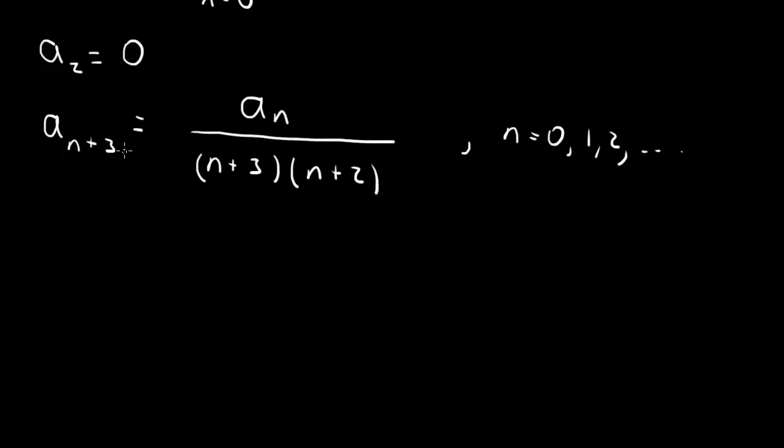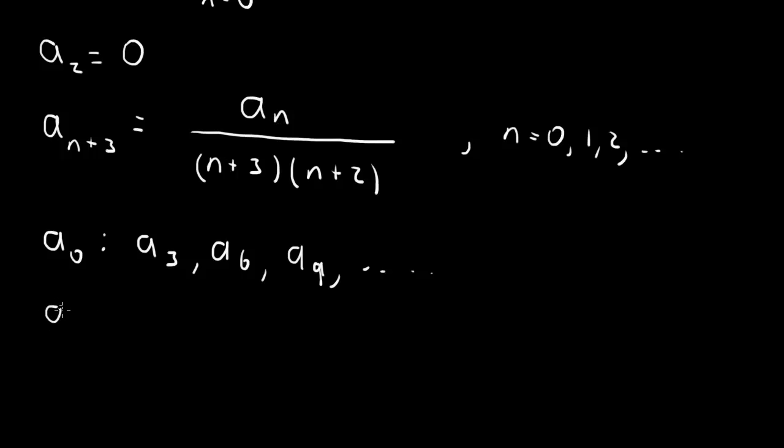The way this recursion relation works is that if we start with a0, then when we plug a0 in, we will get a3. Then we plug n equals 3 in, we'll get a6, and then a9, etc. That's starting with a0.